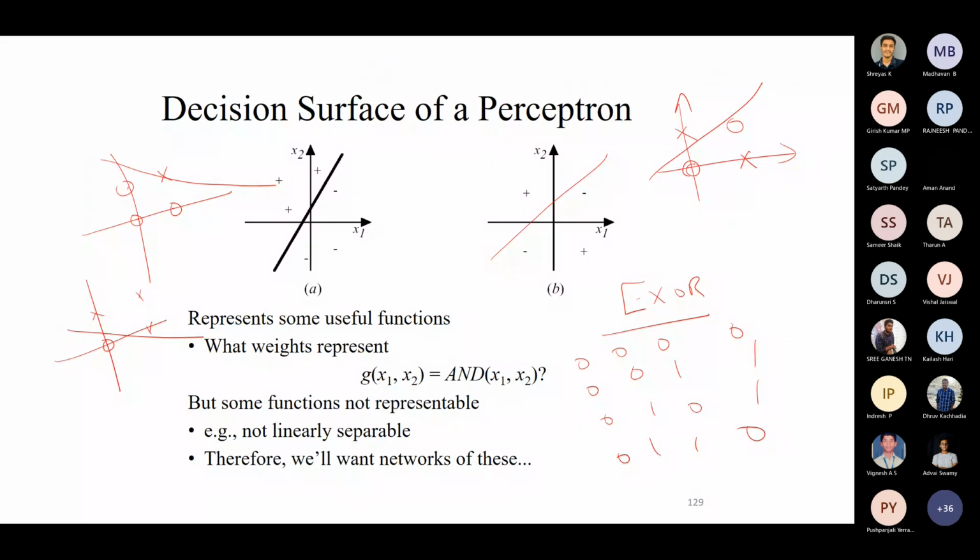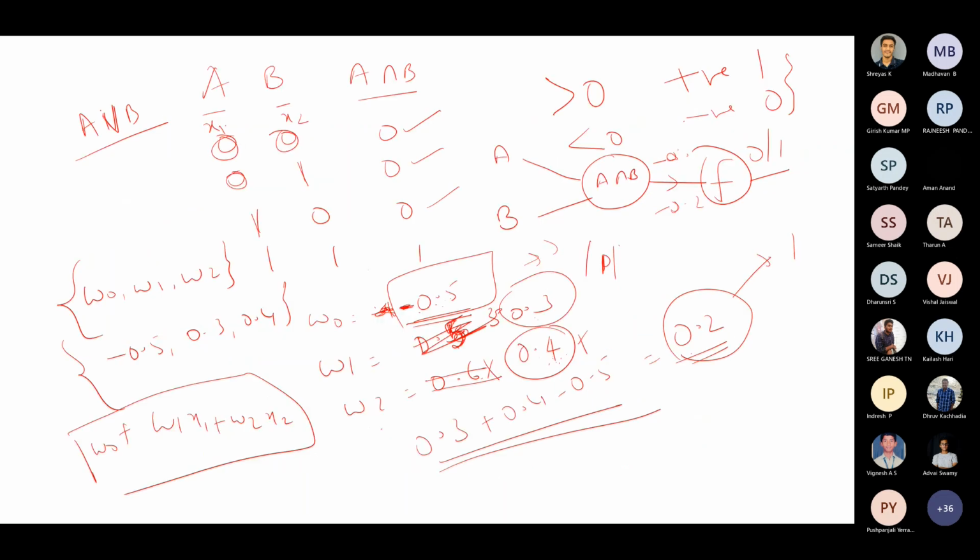The reason why I am not looking at XOR is, I'll come back to XOR later. XOR is not linearly separable. So this is A and B. You have two inputs 0,0, 0,1, 1,0, 1,1 and this is your output. So this is your training example.